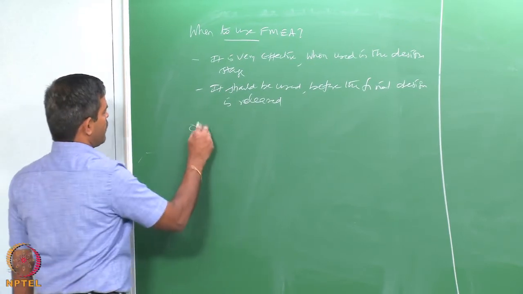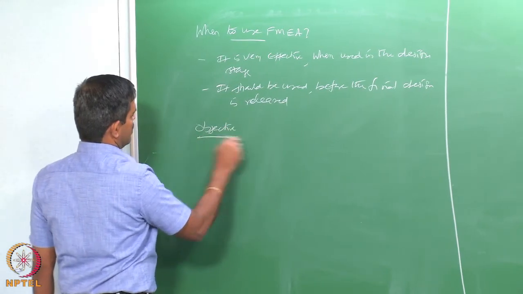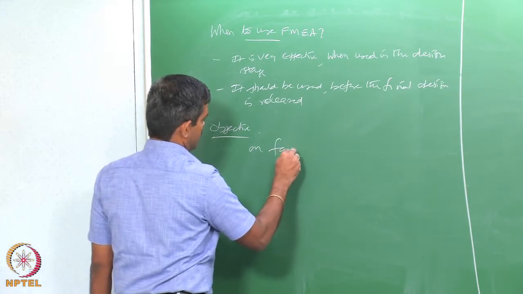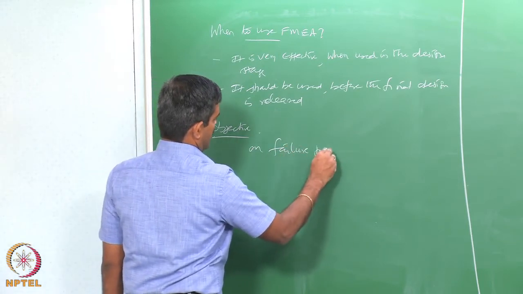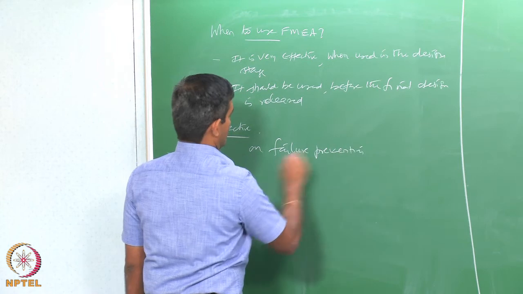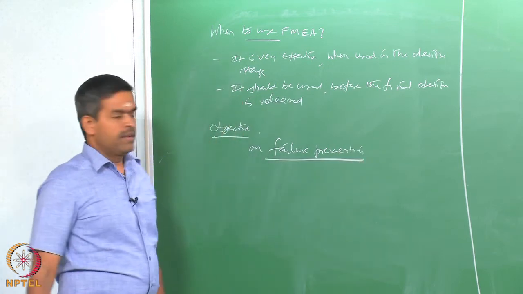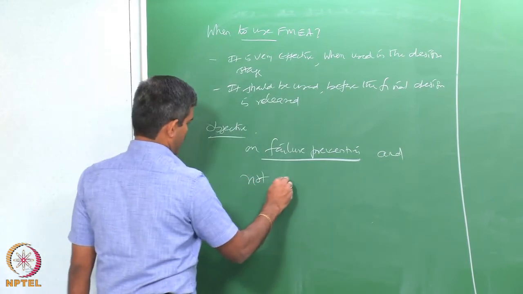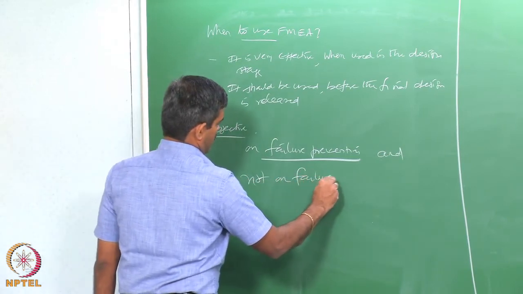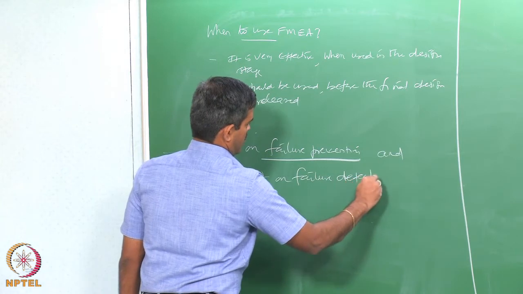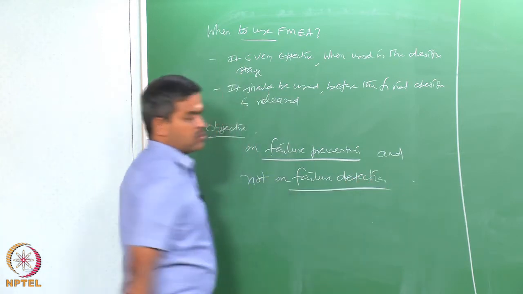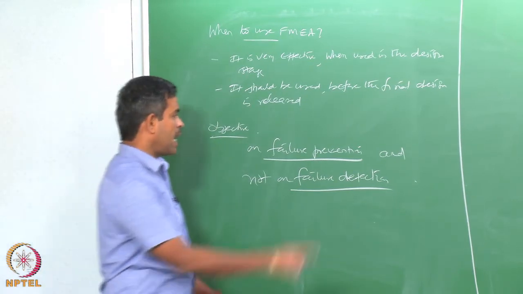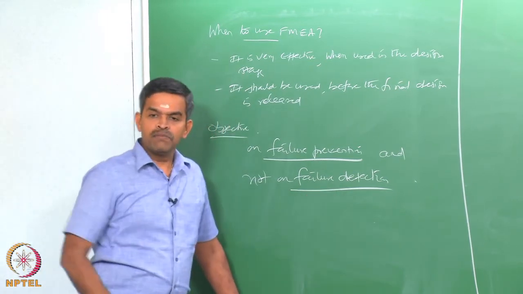Now, what is the objective of FMEA? The primary objective is on failure prevention. It is not on detection. So, it is not a post accident scenario, it is not a hazard identification, it is much more than that.